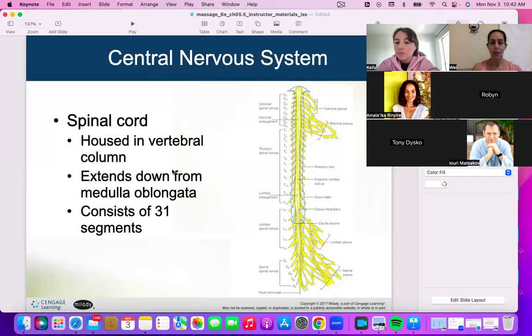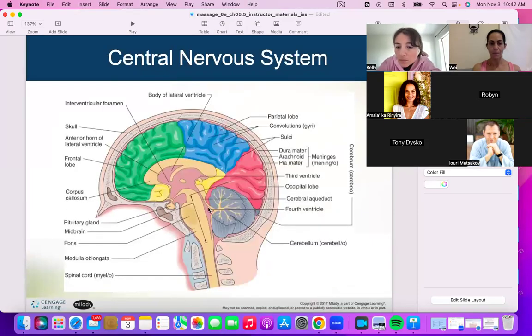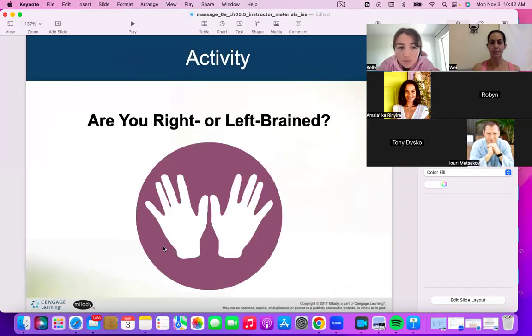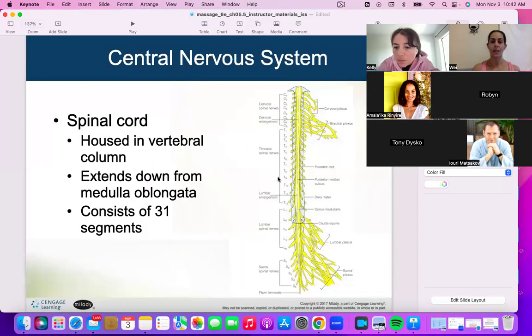It extends down from the medulla oblongata, right here. And all these nerves are pairs. So there's left side and right side. And they constitute 31 segments, 31 areas, okay?